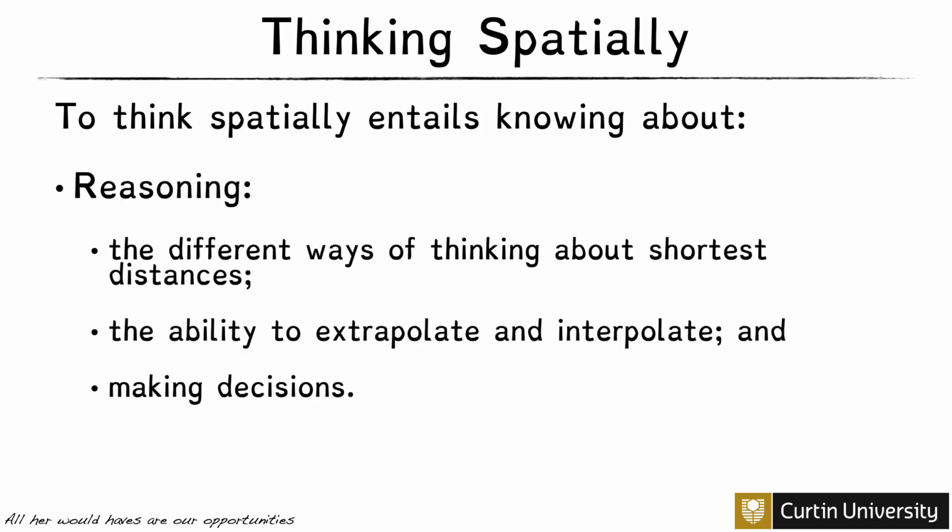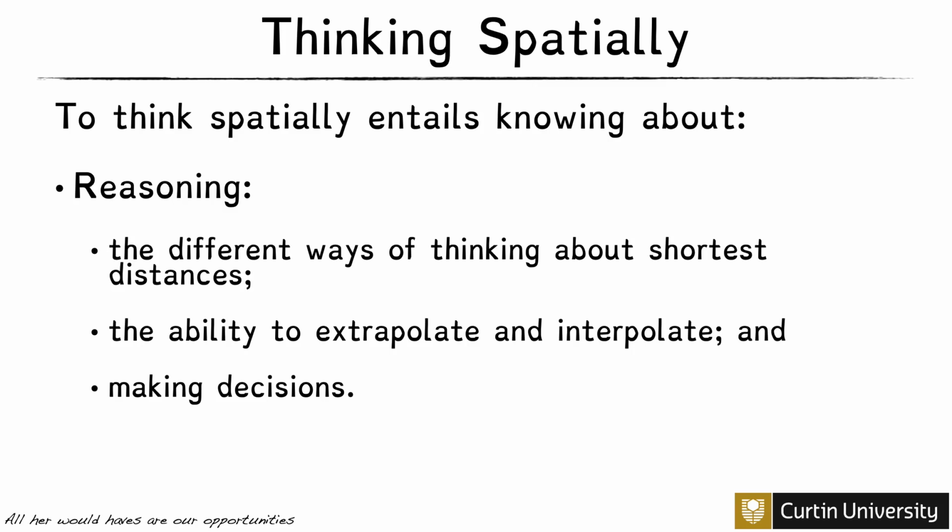When it comes to reasoning, we need to think through the different ways that people think about the shortest distance. Is it, as we say here in Australia, as the crow flies, versus a route distance in a rectangular street grid?